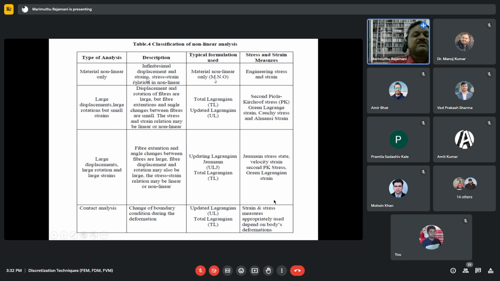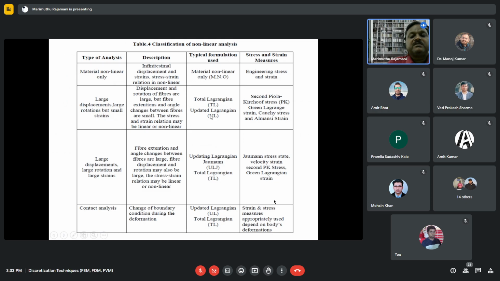That means the geometrical configuration is not significantly different from the original, whereas the stress-strain relation goes into nonlinearity. Then large displacement, large rotation, but small strains. There are situations where it goes to large rotations, but strains are small. The approach used is total Lagrangian or updated Lagrangian.